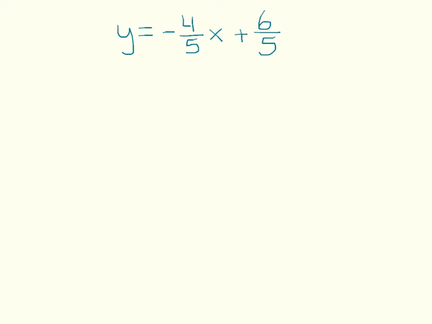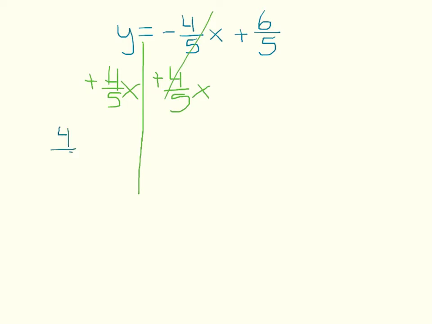Let's do the same thing in this example. We need to get x and y on the same side. So, because this time x is negative, I'm going to add 4/5 x to both sides. This leaves me with 4/5 x plus y equals 6/5.